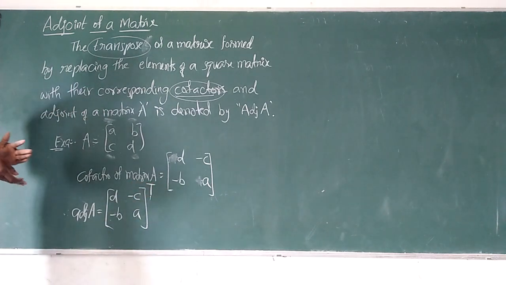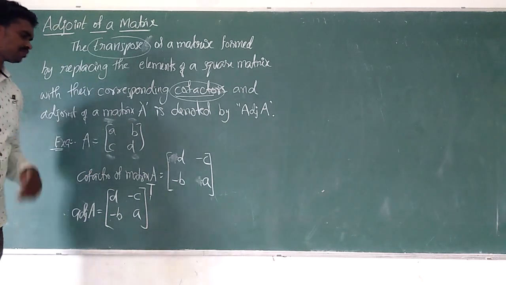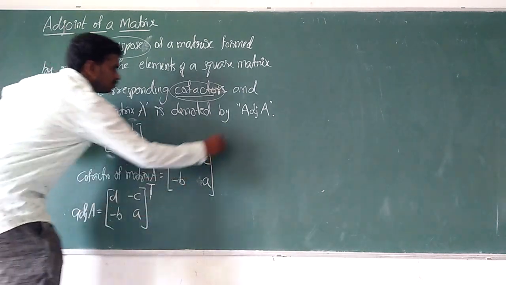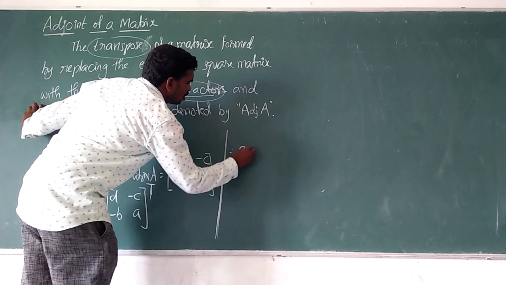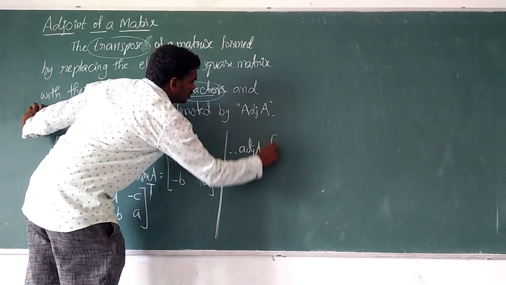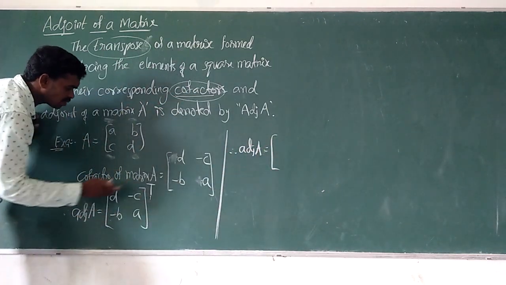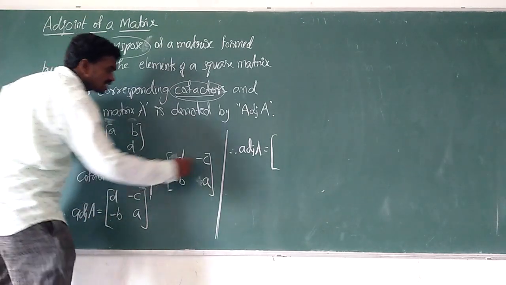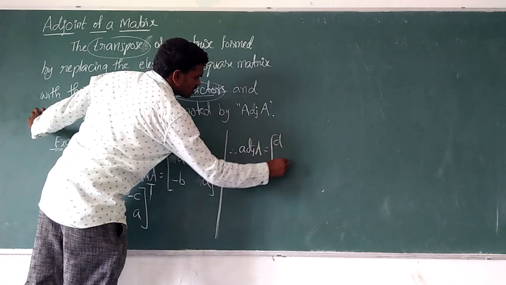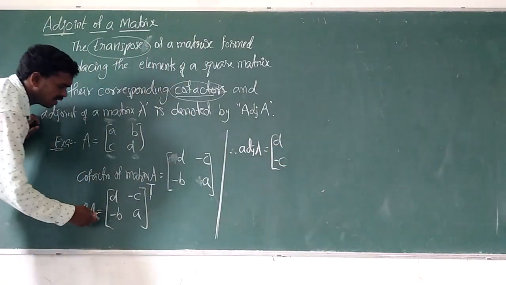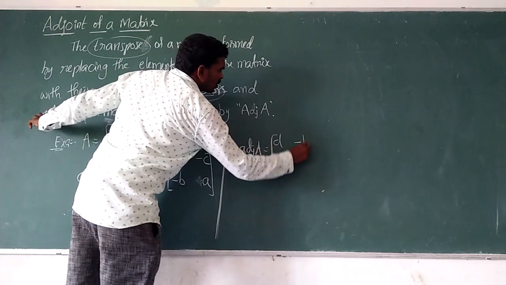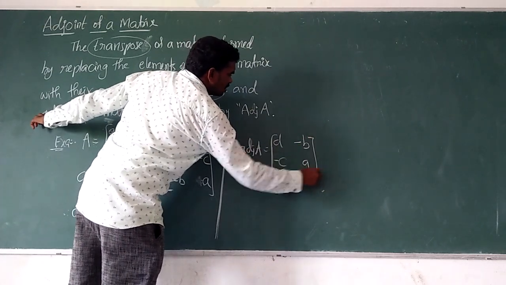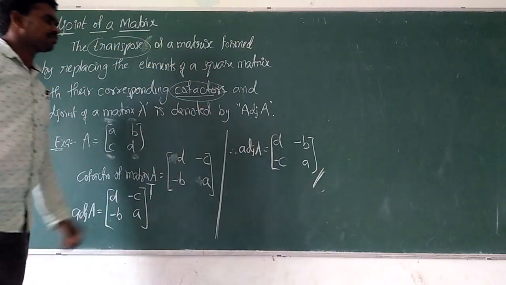Transpose means interchange the rows and columns, writing the row as a column. So d, minus c is the first row, so write it as the first column, and minus b, a is the second row, so write it as the second column. So this is adjoint A.